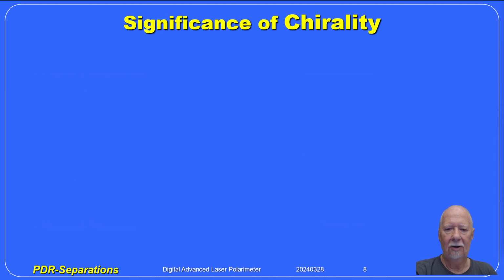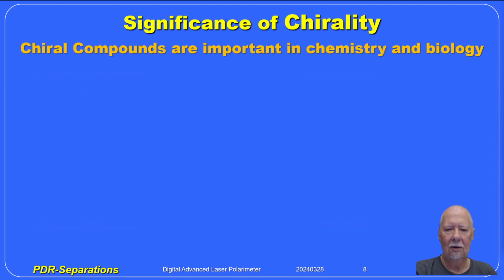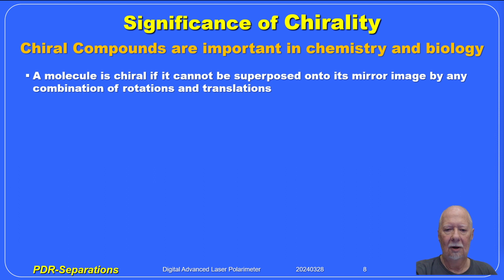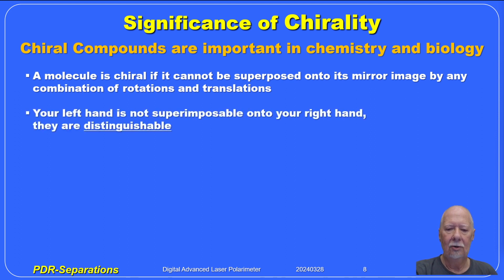The significance of chirality. Chiral compounds are important in chemistry and biology. A molecule is chiral if it cannot be superimposed onto its mirror image by any combination of rotations and translations. Your left hand is not superimposable onto your right hand.